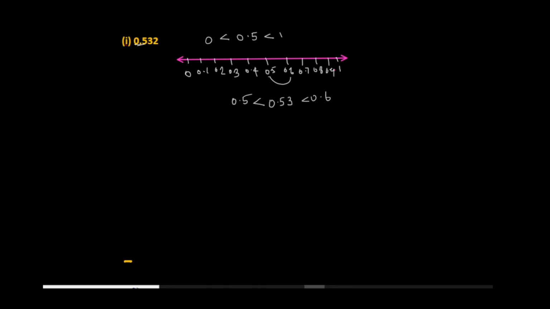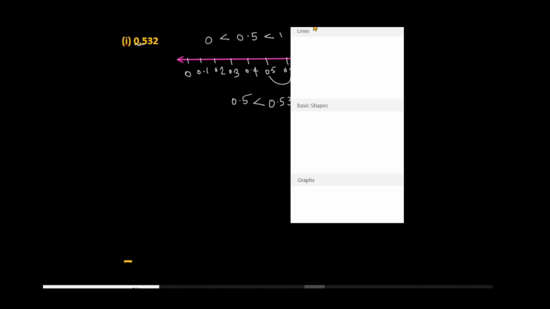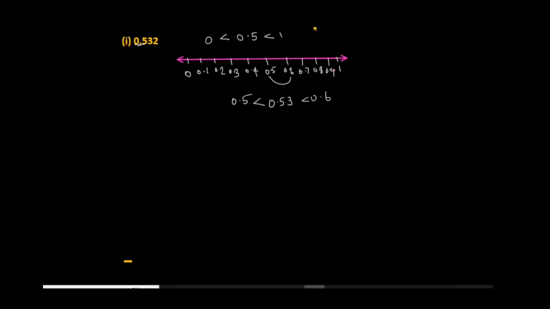So what I am going to do, I am going to enlarge 0.5 and 0.6. In between 0.5 and 0.6, I am going to take 10 equal parts again.